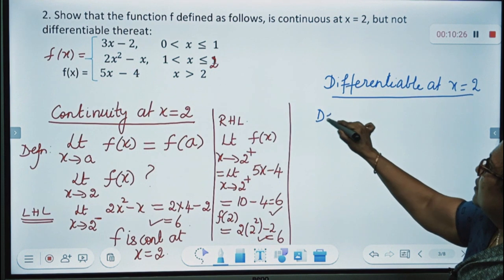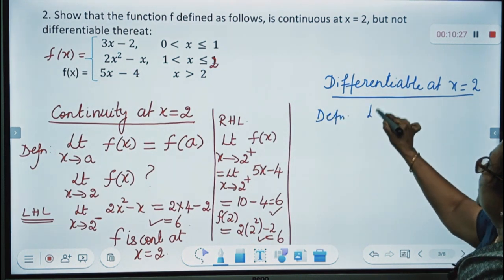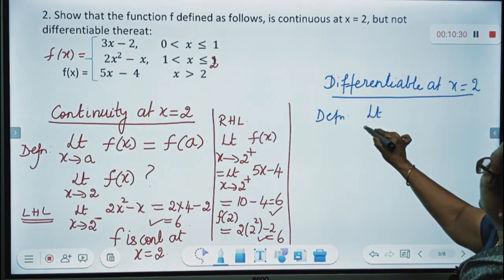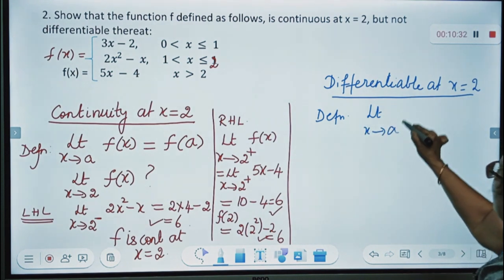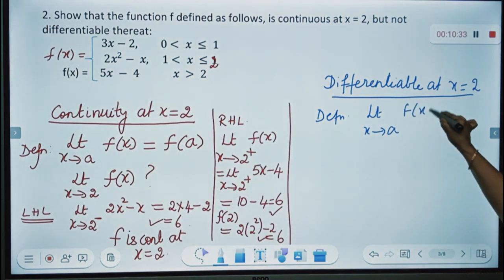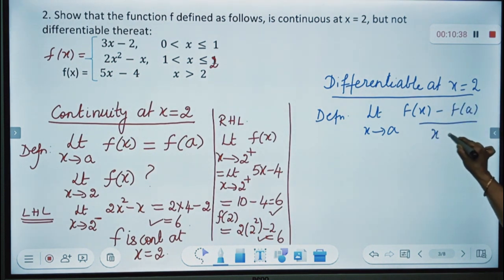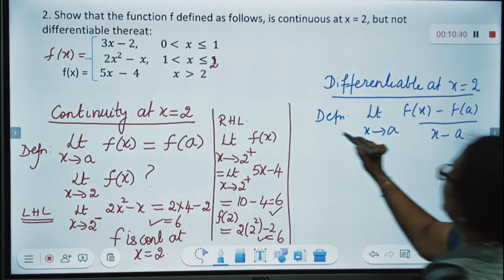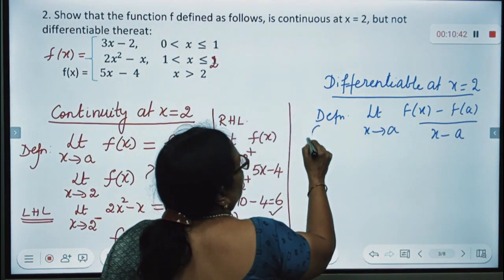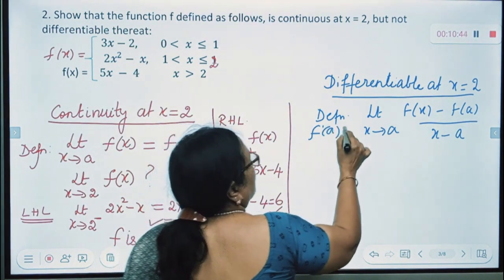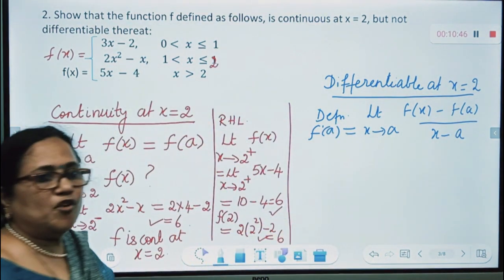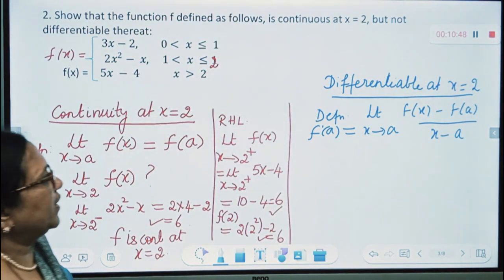How do you check? f dash of a will be limit x tends to a, f of x minus f of a by x minus a.